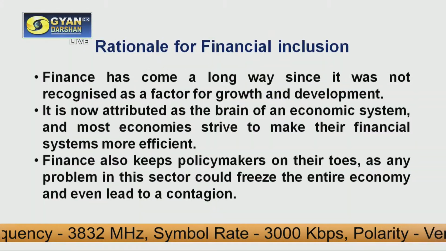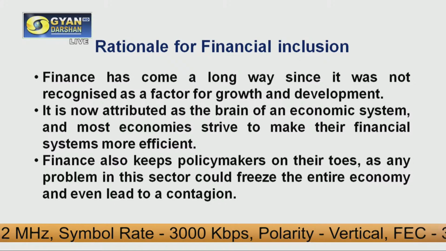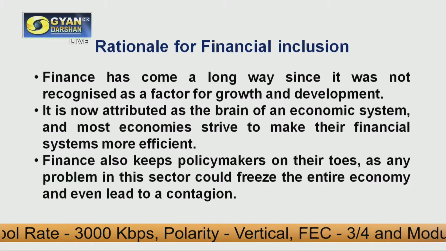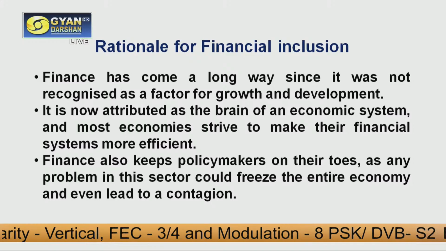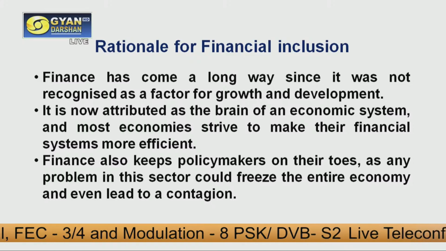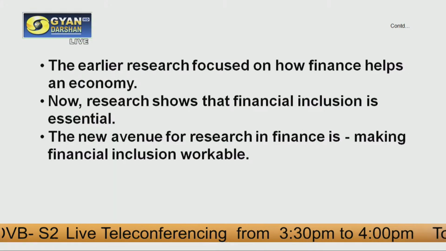Thus, finance is now attributed as the brain of an economic system, and most economies strive to make their financial systems more efficient. Finance also keeps policymakers on their toes, as any problem in this sector could freeze the entire economy and even lead to contagion. Earlier, research focused on how finance helps an economy, as I mentioned in the beginning.